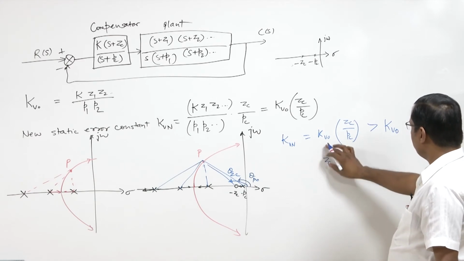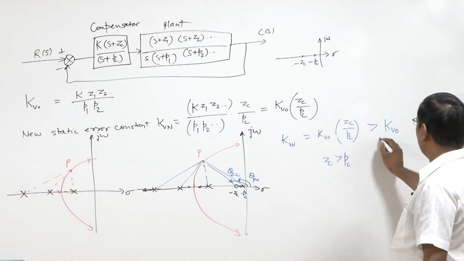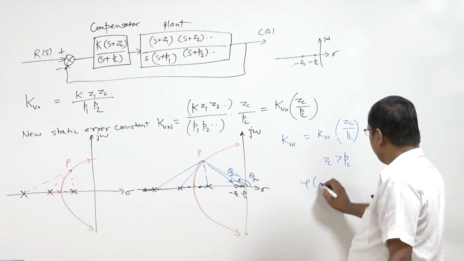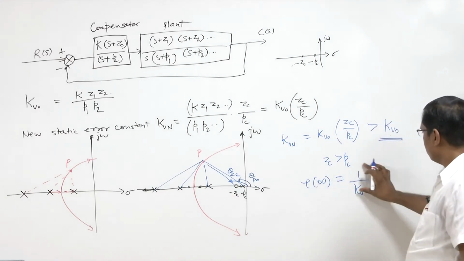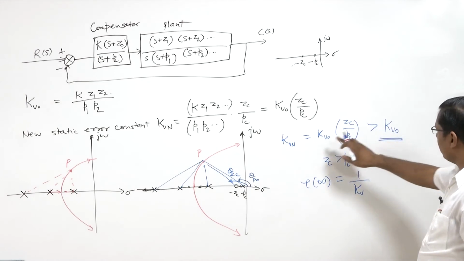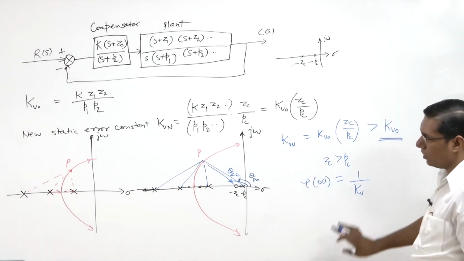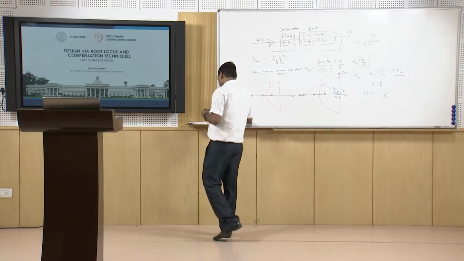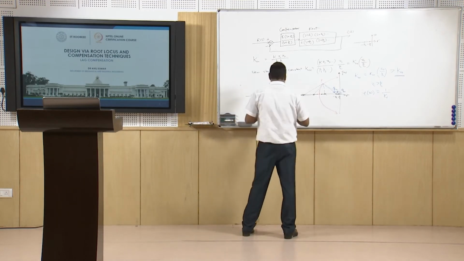So therefore KVN is greater than KV0, and we know that steady state error is 1 by KV. So if it is greater than earlier KV, the steady state error will be less than the earlier uncompensated system.